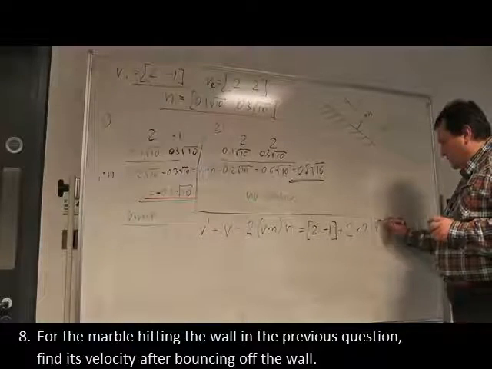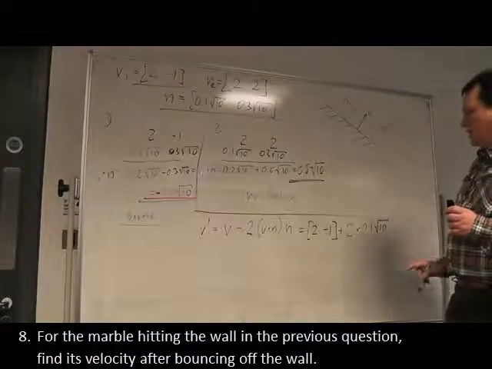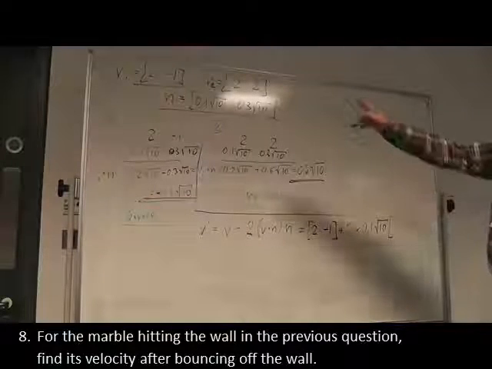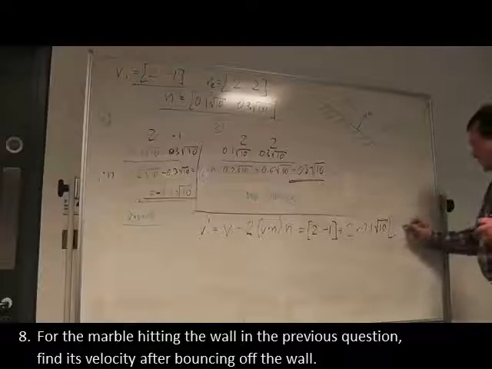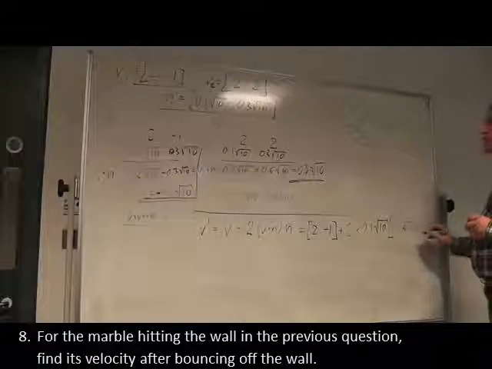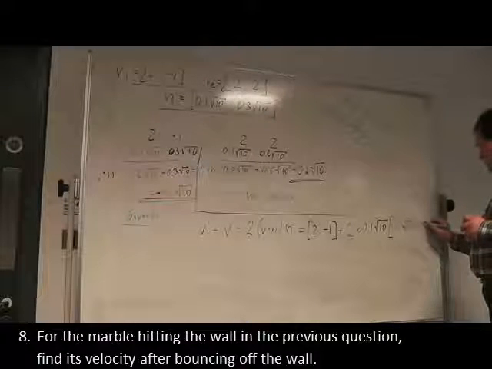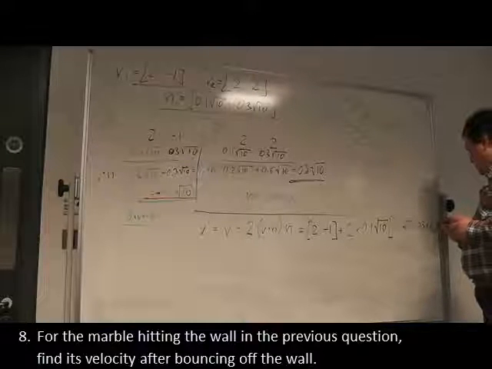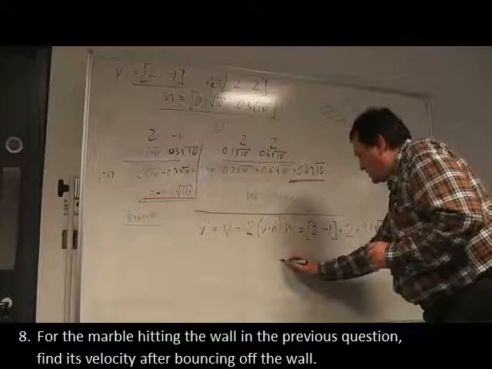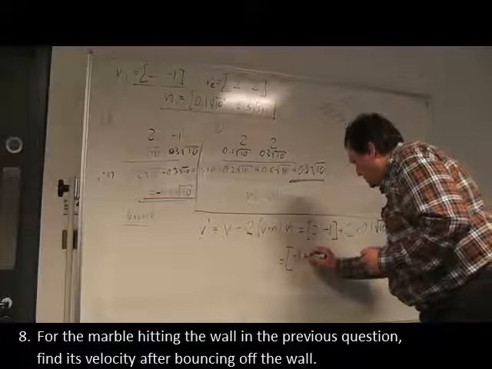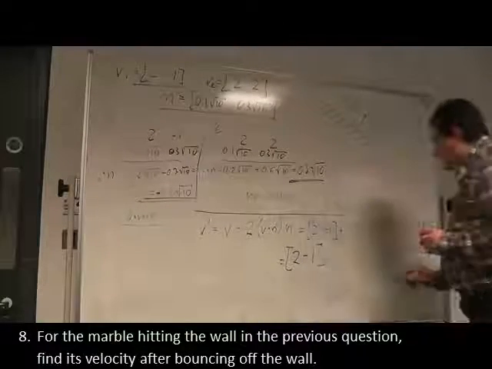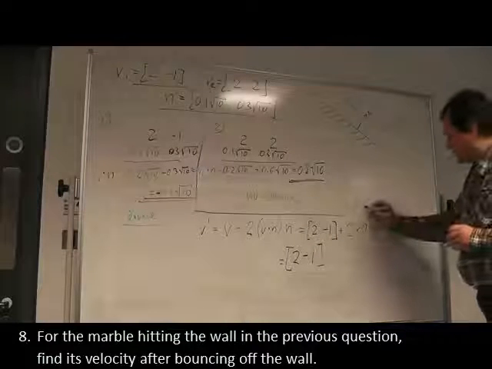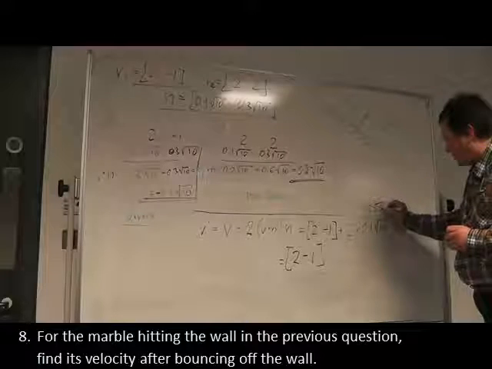0.1 square root of 10, and finally I have to multiply it by the normal vector, which is 0.1 square root of 10, 0.3 square root of 10. So this is equal, 2 minus 1 will be rewritten. 2 times 0.1 square root of 10 is simply 0.2 square root of 10.